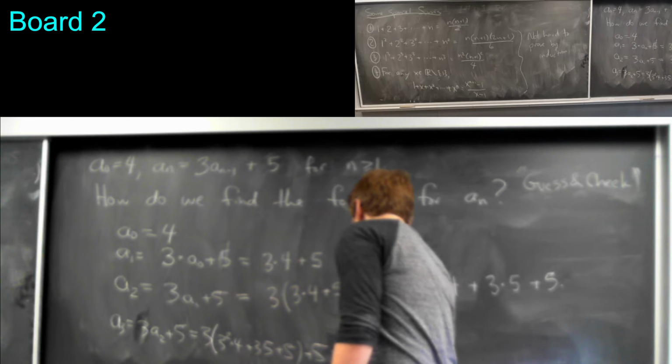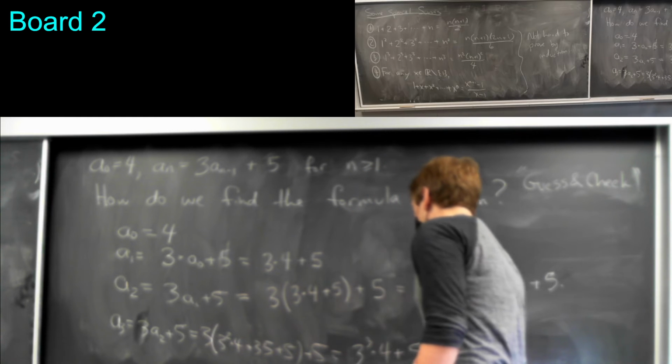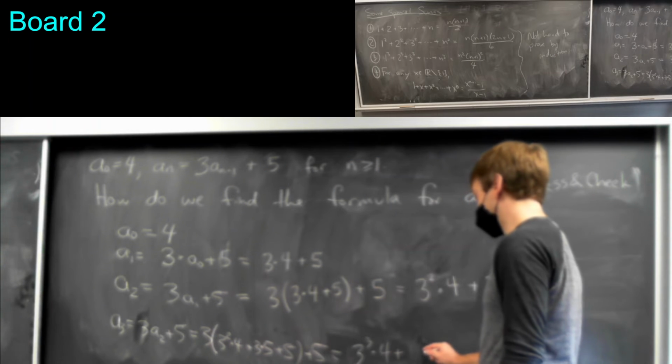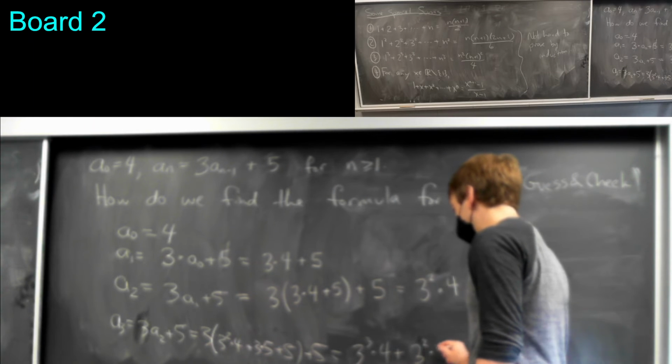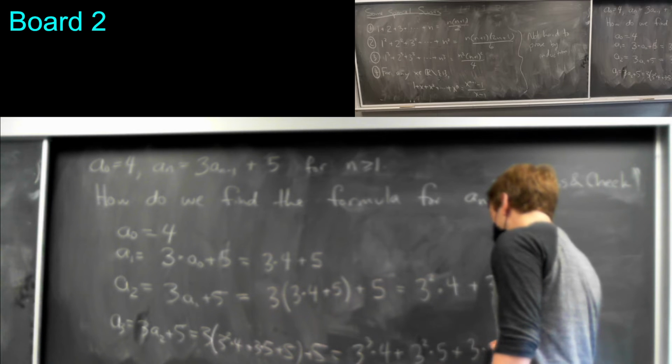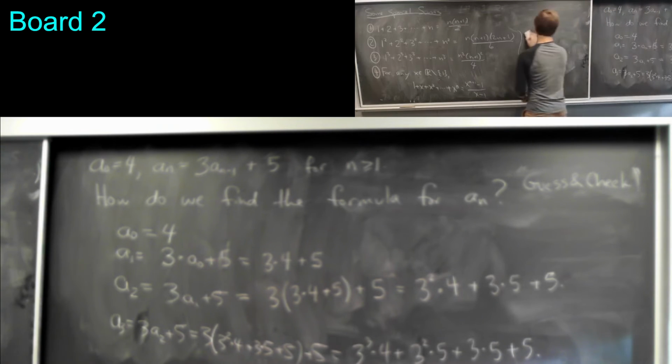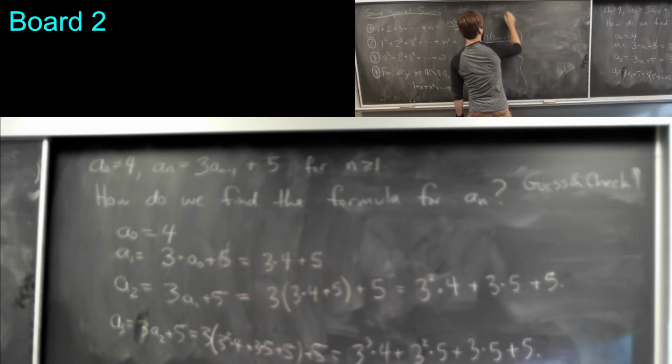So it's 3 cubed times 4 plus 3 squared times 5 plus 3 times 5 plus 5. Can anyone already see a pattern? Should I do another one before we see the pattern?